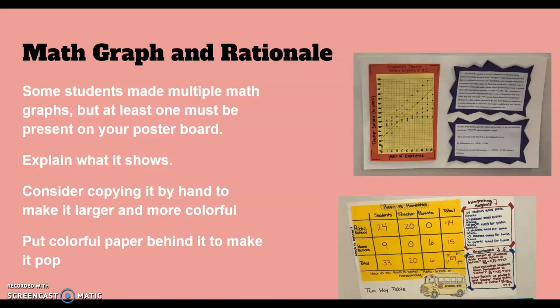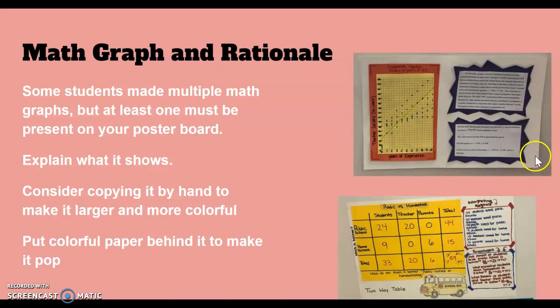Your math graphs that you've been hard at work on, you only have to include one. You may include more, but you only have to include one. And you do need to include a rationale. A rationale means kind of what does this graph mean? What does it show? What did I discover from it?